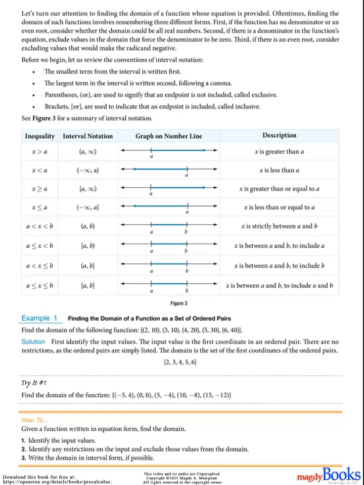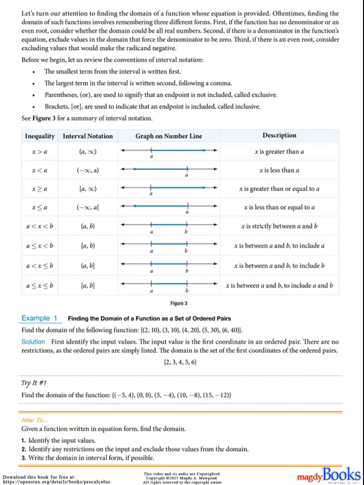5. a < x < b. Interval notation: (a, b). Description: x is strictly between a and b. 6. a ≤ x < b. Interval notation: [a, b). Description: x is between a and b, to include a. 7. a < x ≤ b.